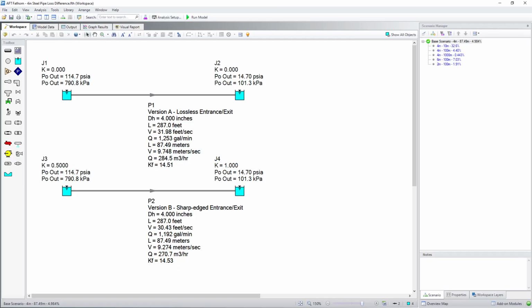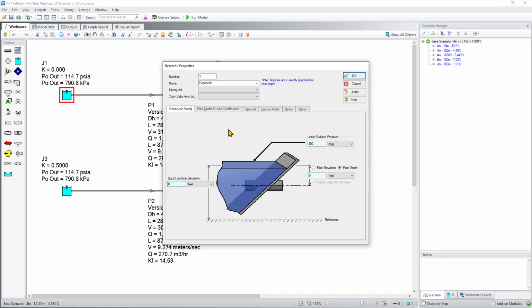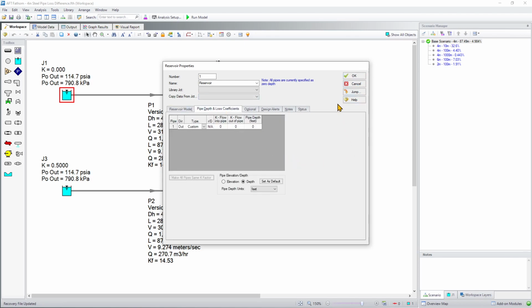And you can build all of this within a Fathom model as you please. So here in my example, opening up the reservoirs, give them the liquid surface pressures and elevations that you need, and give the K factors accordingly. This is where you would change it from custom to sharp.